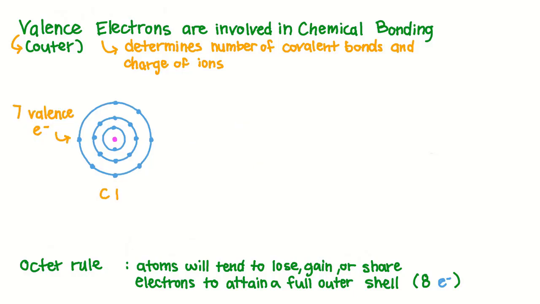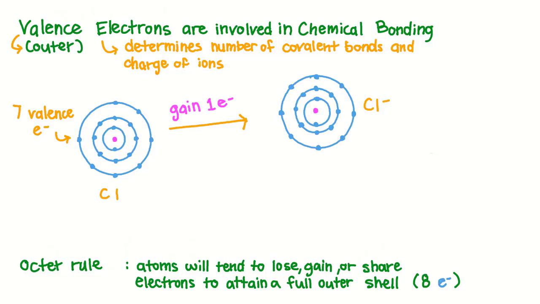Chlorine has 7 valence electrons, just like all elements in group 17 of the periodic table, which means that you'll commonly see chlorine gaining 1 electron, since it's only 1 electron away from a full outer shell of 8 electrons, which would form the Cl- ion.